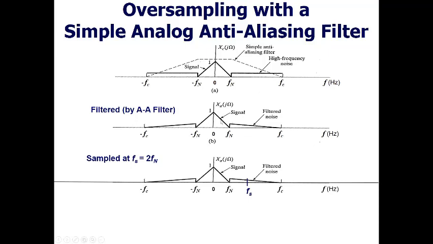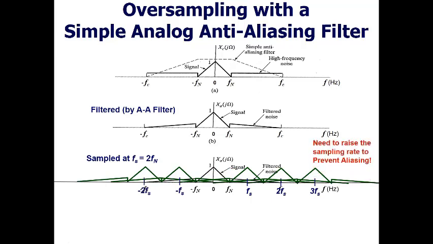If we ignored that and just said, well, my original signal had this upper boundary in frequency, so let's sample it at twice that to satisfy the Nyquist rate, that would put our sampling frequency here at twice Fn. Then when we sample it, we would get spectral copies of the original signal spectrum at every integer multiple of Fs.